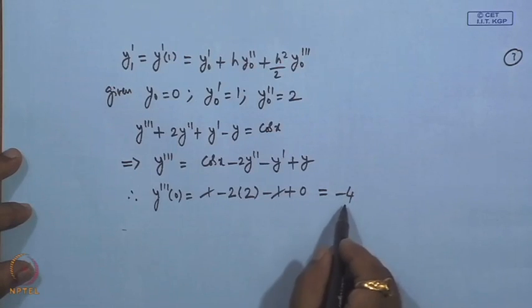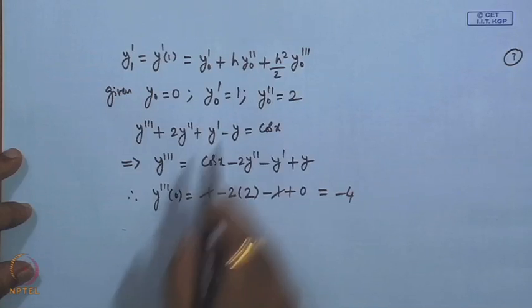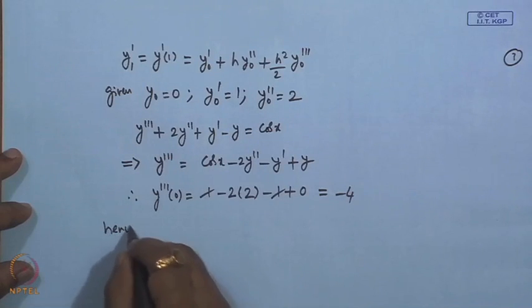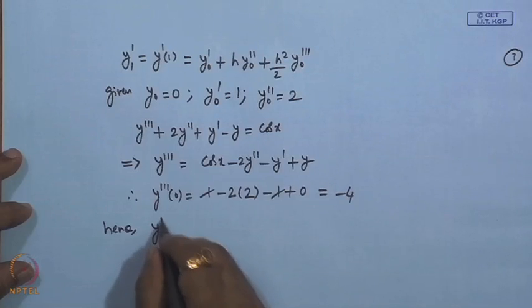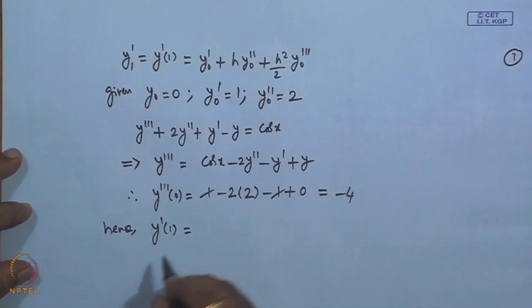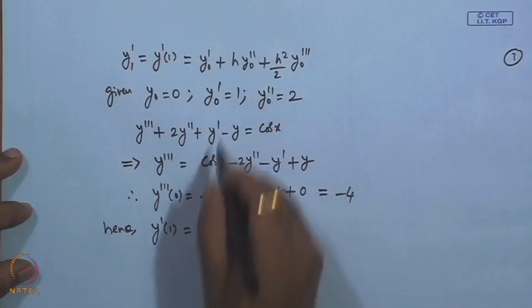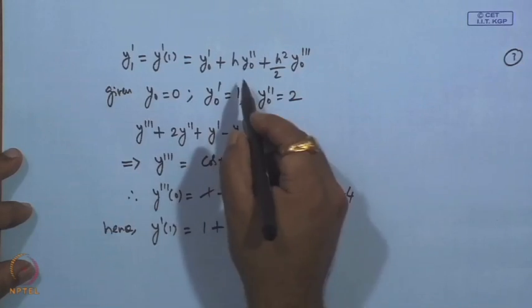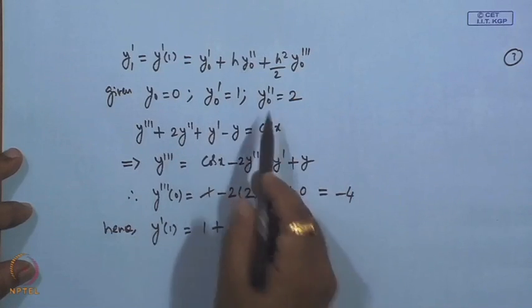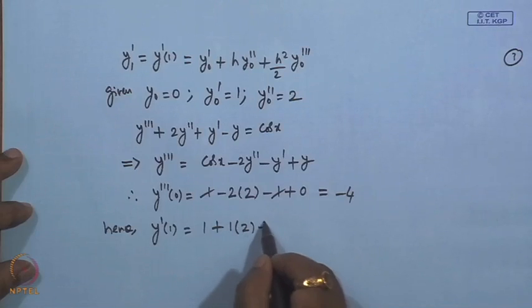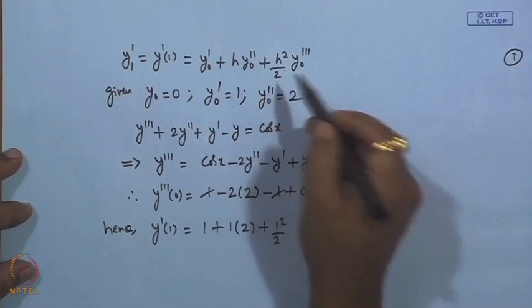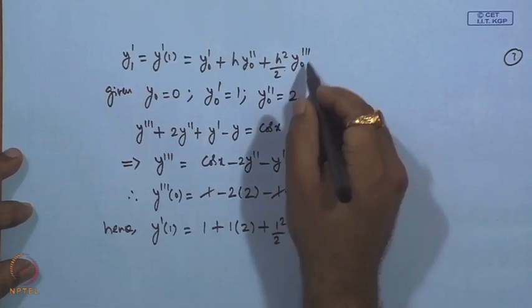Now we are in a position to compute this. So, y 0 prime is 1, h times y 0 double prime is 2, plus 1 square by 2 times y 0 triple prime.